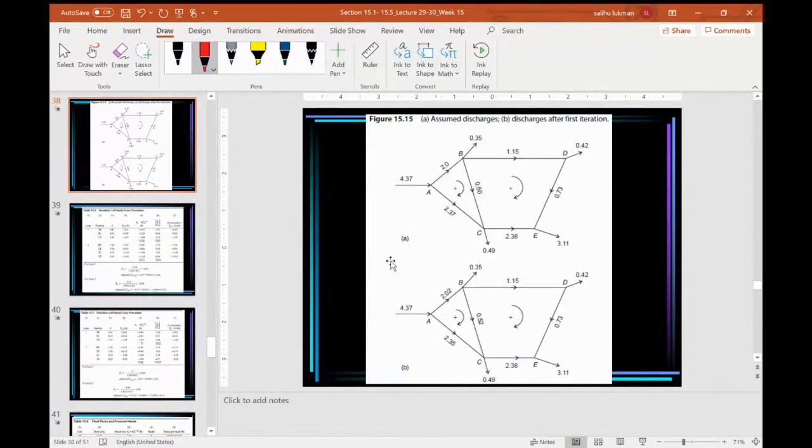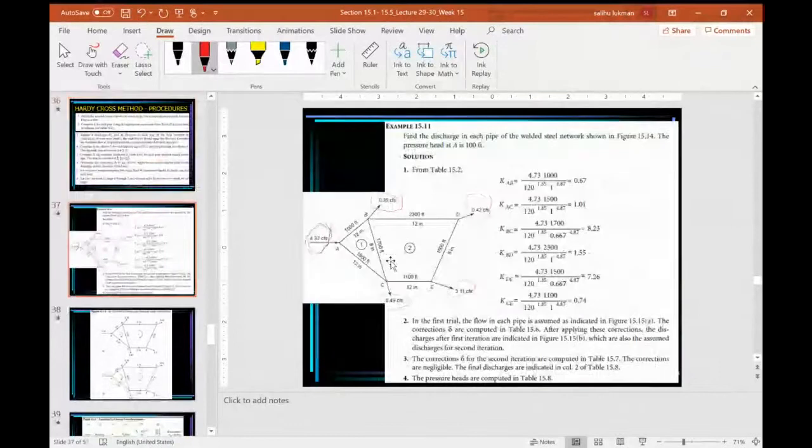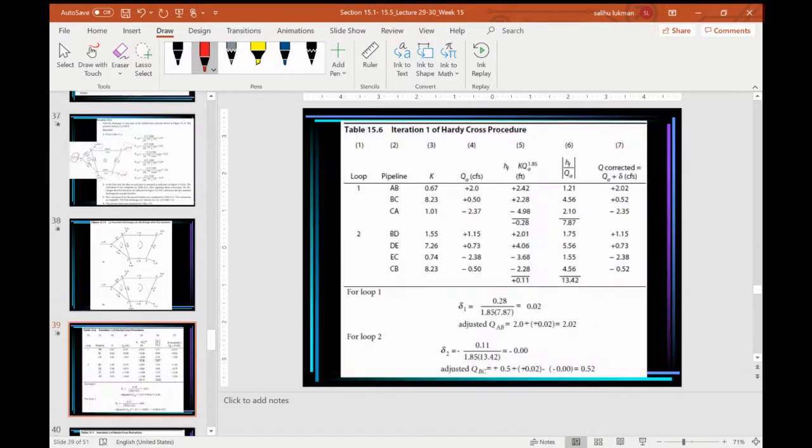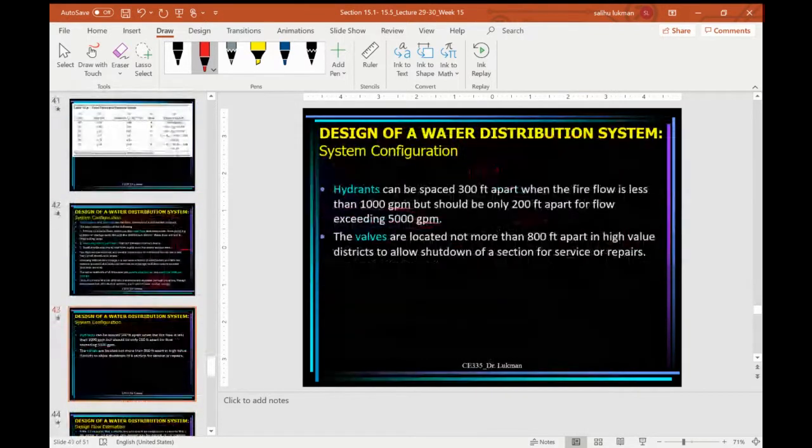All right, so you can see this is the main figure. Okay, the main inflow, and you have the demands, divided. It is the same inflow that is divided, because if you add all the nodal demands at these junctions, they will sum up to give you the net inflow into the system.